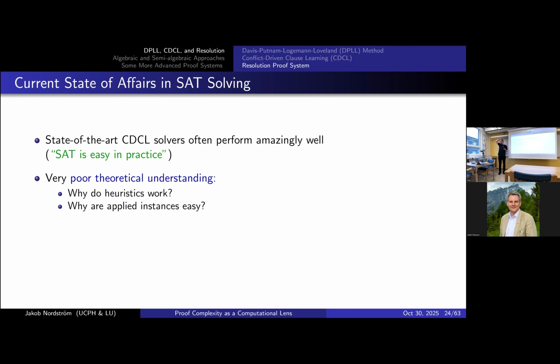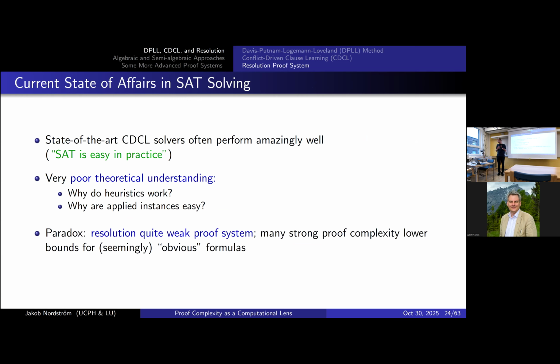The fact is that SAT solvers are often amazingly good in practice. So SAT practitioners often think of SAT as an easy problem. And we can ask, can we get more of a theoretical understanding of why SAT solvers work and why applied instances are easy?